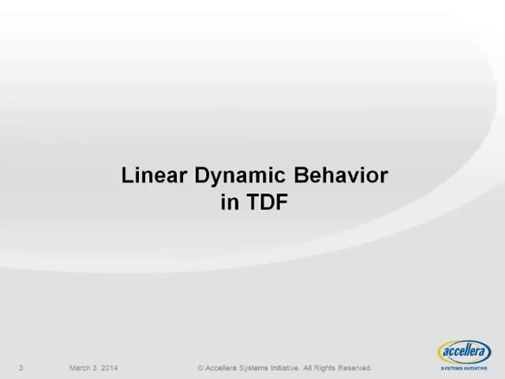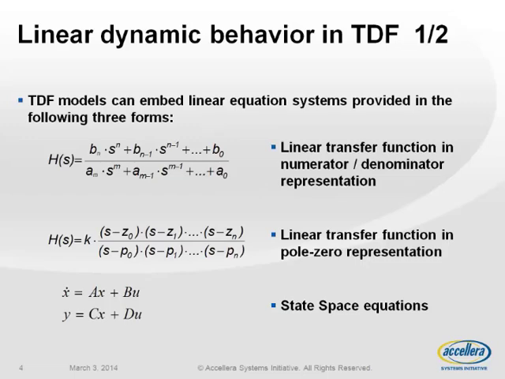So what about linear dynamic behavior in TDF? The idea is that in TDF you can have one of the three following forms to model a linear transfer function. You can use what is called the numerator-denominator representation for a linear transfer function, like this.